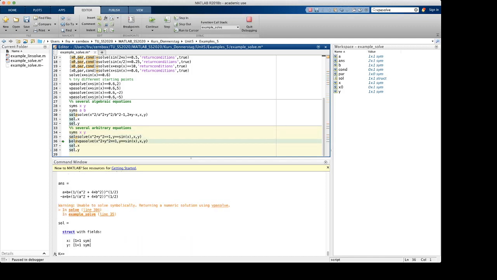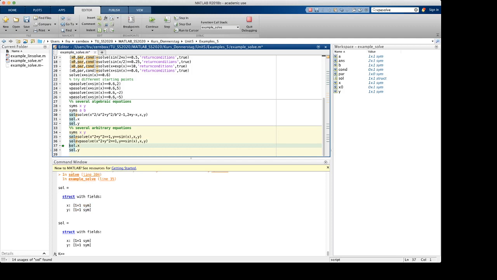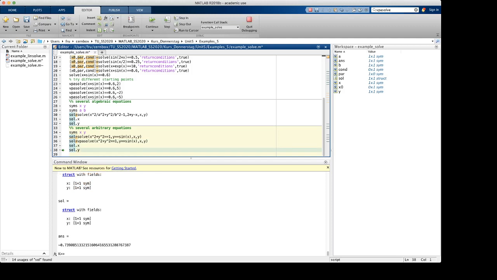There is no symbolic solution for this problem, so we use vpasolve to find numerical solutions, and we see that the x value of the point of intersection of the unit circle with the sine function is this value, and the y coordinate of the intersection point is this value.